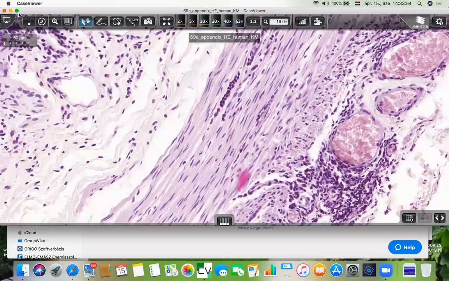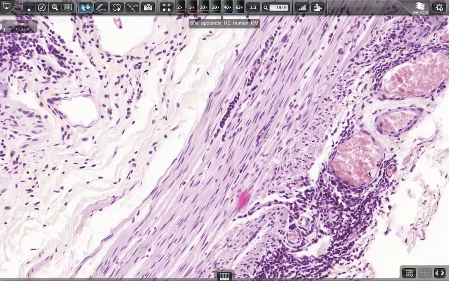What is the muscularis interna? This is the muscularis externa. The muscularis interna doesn't exist. That's the muscularis mucosae, but no muscularis interna. So this is the inner circular layer.